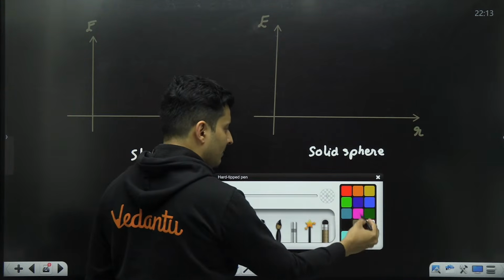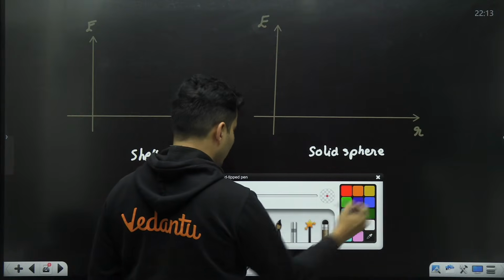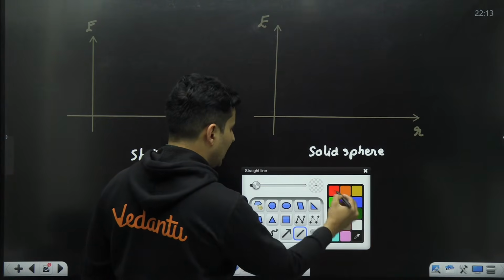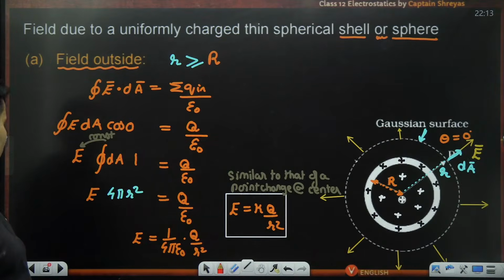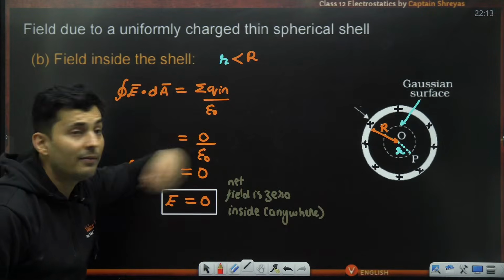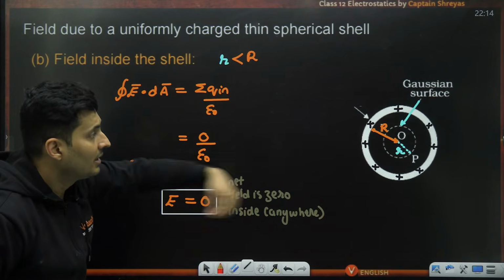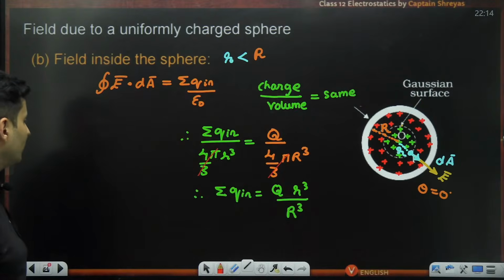Outside everything is the same, but when you are inside, see how things change. For a shell, I just told you, when you consider a shell, the electric field is zero everywhere inside.